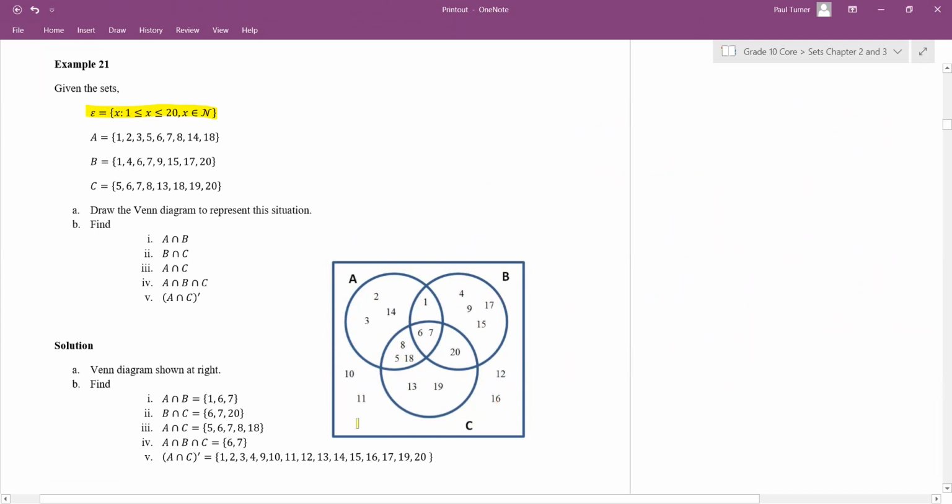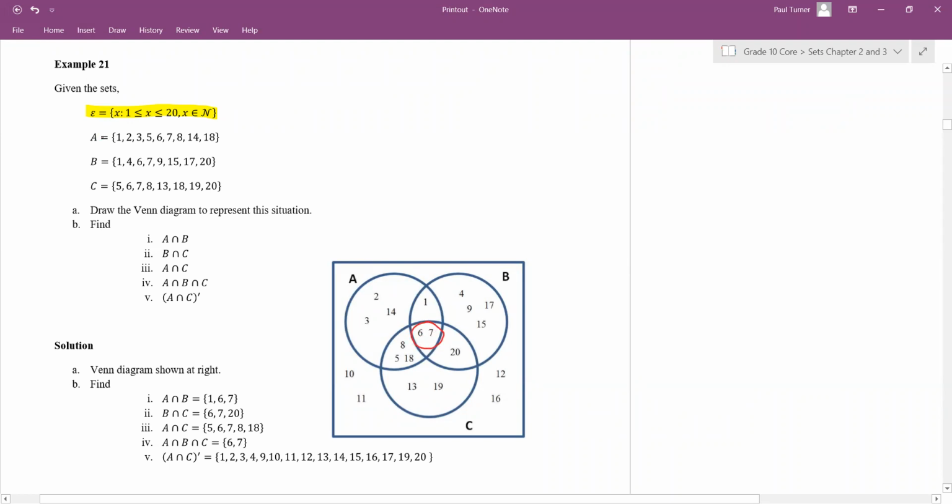All of the numbers are in here, 1 to 20. A is 1, 2, 3, 5, 6, 7, 8, 14, 18. But what we should look at, look at 6 and 7 here. 6 and 7 is in the middle.